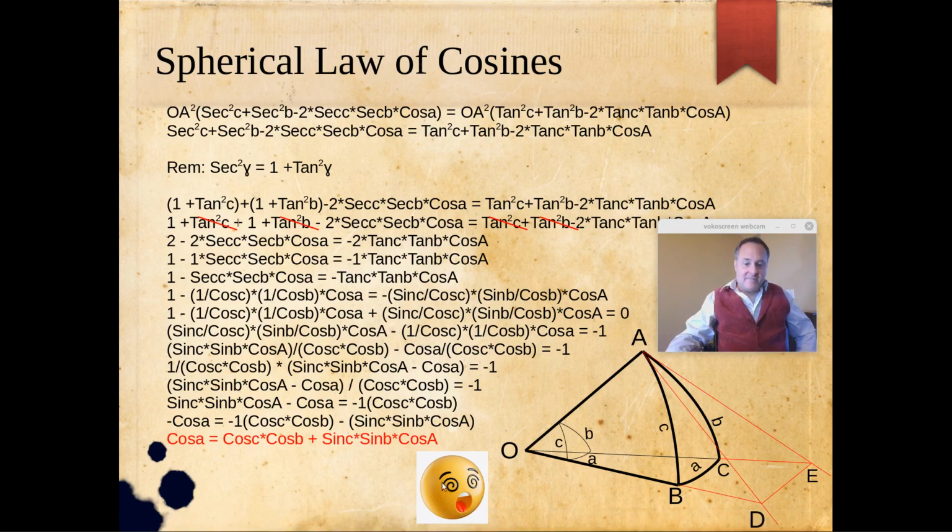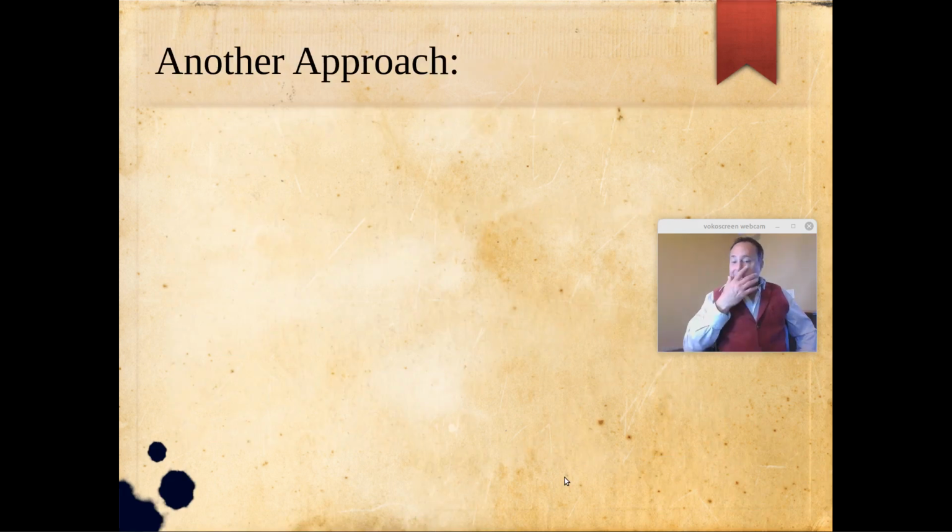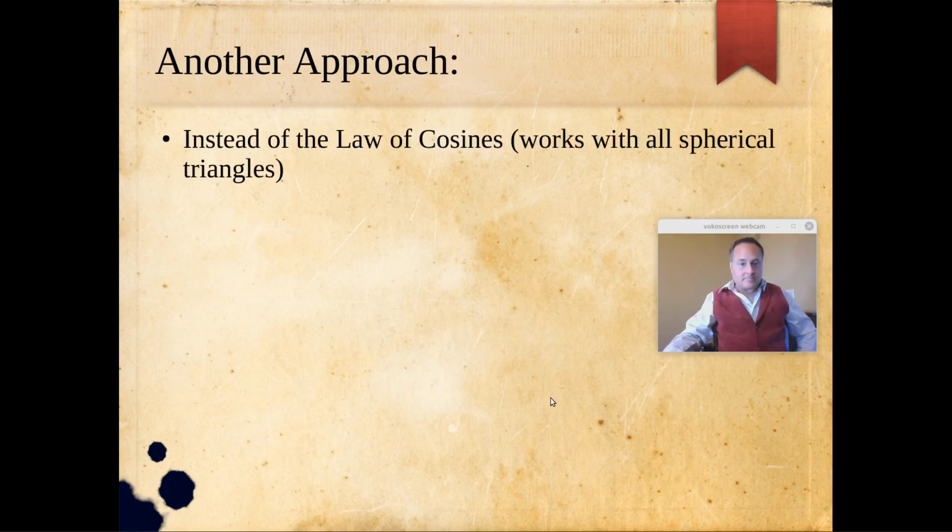And yeah, my eyes are looking like this guy right here about now. All right, in our next presentation, I'm going to show you another approach to solving the navigational triangle without resorting to the spherical law of cosines.